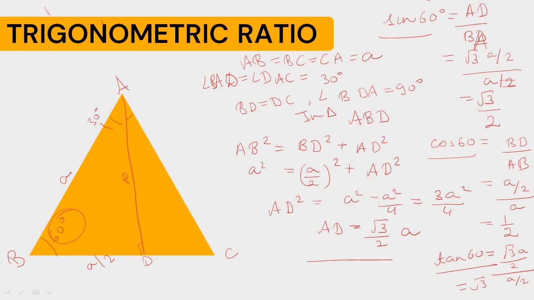So angle BAD is 30. So if BAD is 30, then BD will be the perpendicular and AD will be the base, and the hypotenuse will be the same. The value of the perpendicular is a by 2, and AD is the base, and the value of the base is root 3 by 2a.